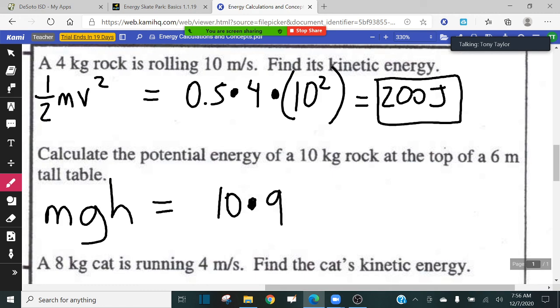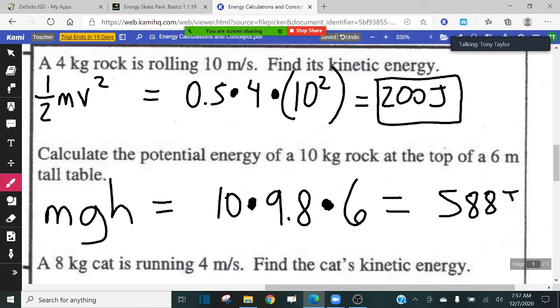Little g, guys, is always 9.8. It's just a constant, always 9.8. Times the height, which is 6 meters. Okay. So guys, if you put that in your calculator, you're going to get 588 joules of potential energy. So specifically gravitational potential energy. Okay.